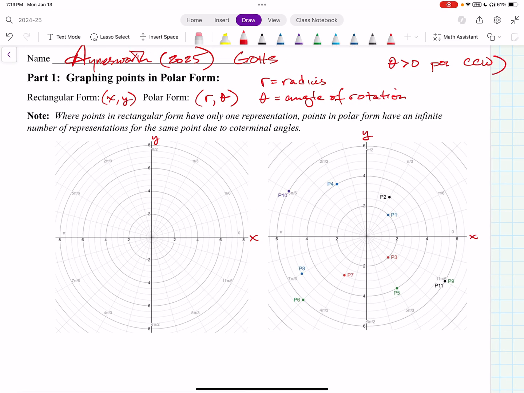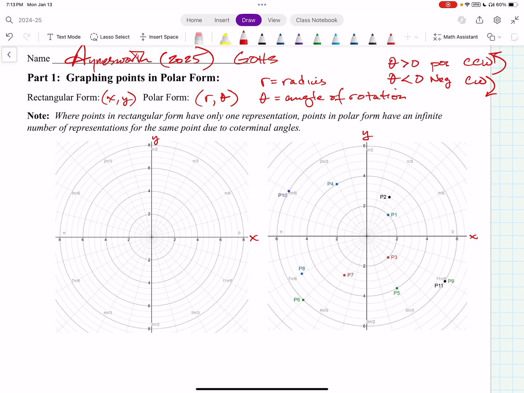I'm talking about this direction here. And if theta is negative, that means it's less than zero, you rotate in a clockwise fashion, CW, according to the clock. That's something that you guys already know, so nothing new there. Let's get used to it.